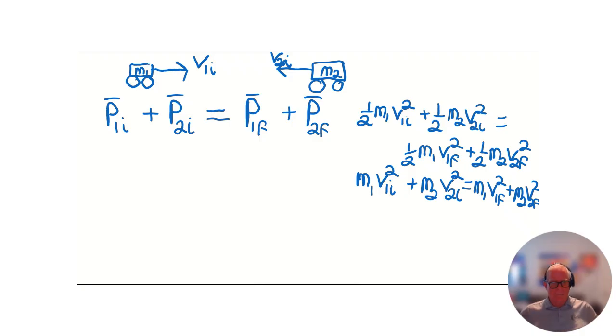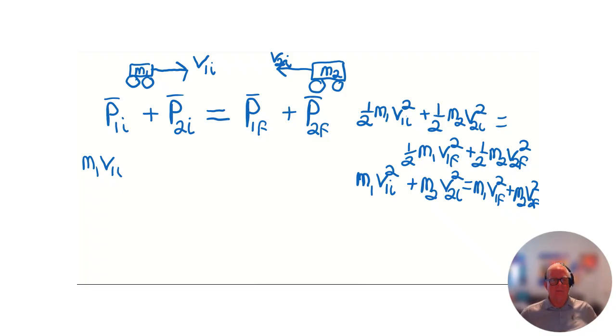We should also write the momenta in the left-hand equation in terms of their mass times velocity. So we have m1 times v1 initial. And remember, v1 initial can be either positive or negative. That's the momentum then.